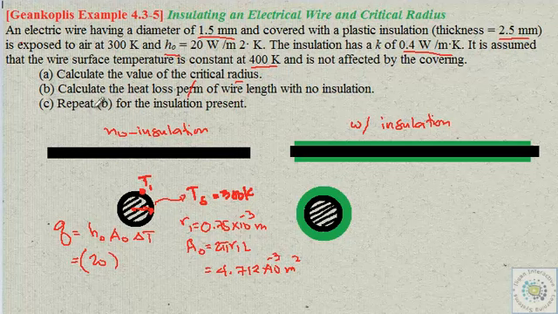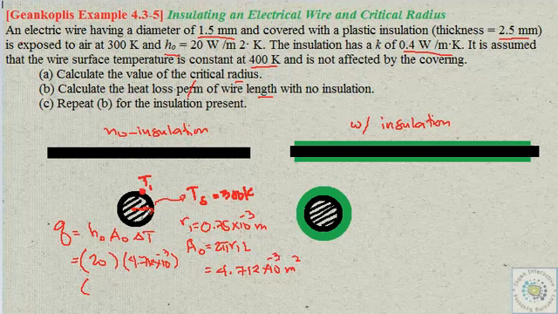What I'm calculating really is letter B: what will be the heat loss per meter of wire if it's bare? So multiply that by 4.712 times 10 to the negative 3, and multiply that further by delta T.